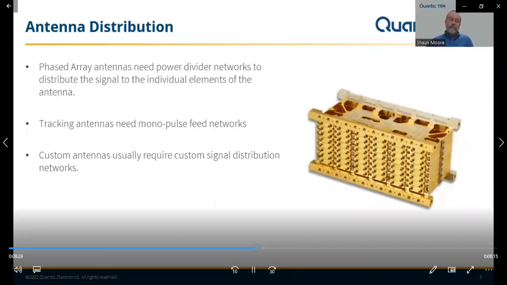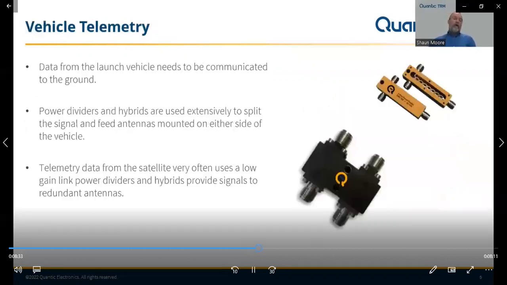And Shaun, are there also communication-related applications? Sure. So if we're looking at communication between the satellite or the launch vehicle, there's a lot of data, and very often the data is termed telemetry data.